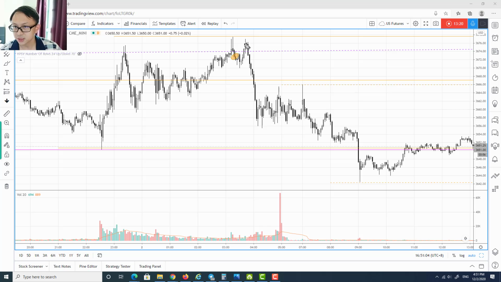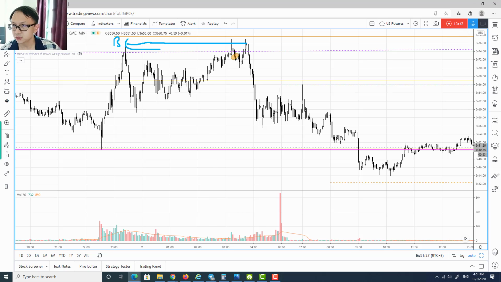So I just take it from there to there, not to the end of the buying climax. If we take it to the end of the buying climax, I think we'll have a lower target as well, below 3640.